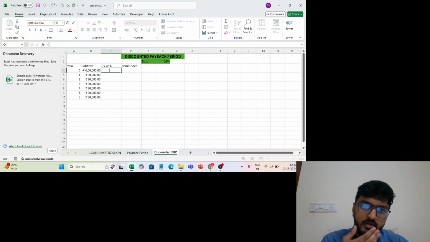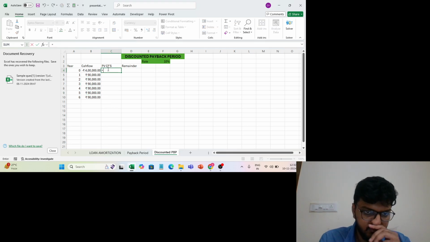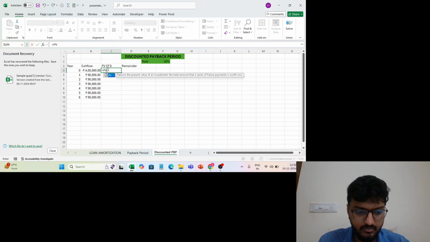So what we do here is we initially calculate the present value of the future cash flows. The procedure for this is you have a PV formula in Excel. What is the rate? Rate is 10%, and NPER is the current year.